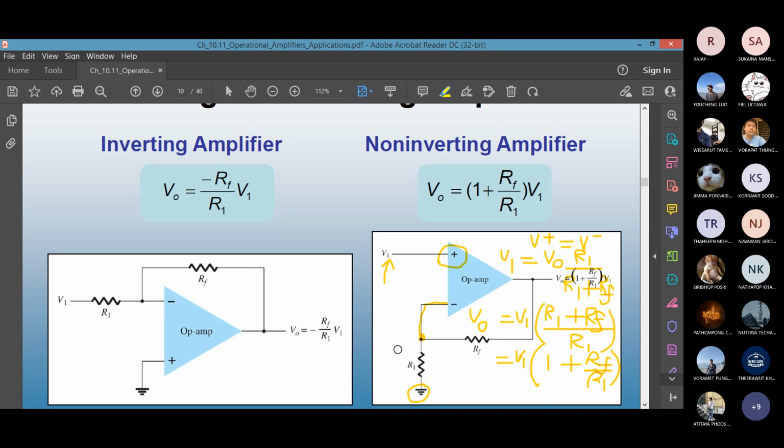Any questions? So I showed you the derivation for both the inverting op amp and the non-inverting op amp.